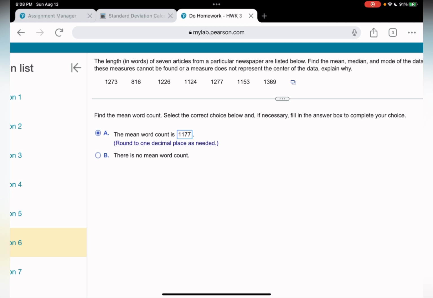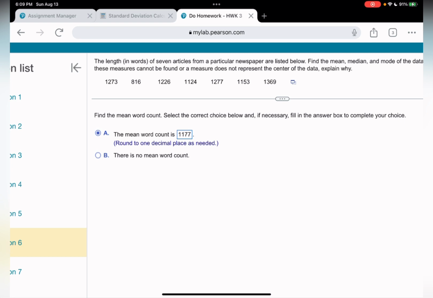1273 plus 816 plus 1226 plus 1124 plus 1277 plus 1153 plus 1369. Okay, and 1, 2, 3, 4, 5, 6, 7, dividing by 7. Let me see this time if I get, well, I got the same number.